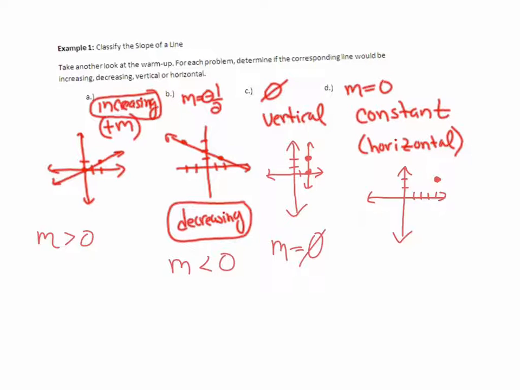And they gave you (-5, 2). 1, 2, 3, 4, 5 on the negative end, 2. So that right there is your horizontal line. So the idea is that you can use these describing words to tell me about the line just by looking at the slope. So we have increasing, decreasing, vertical, and horizontal.